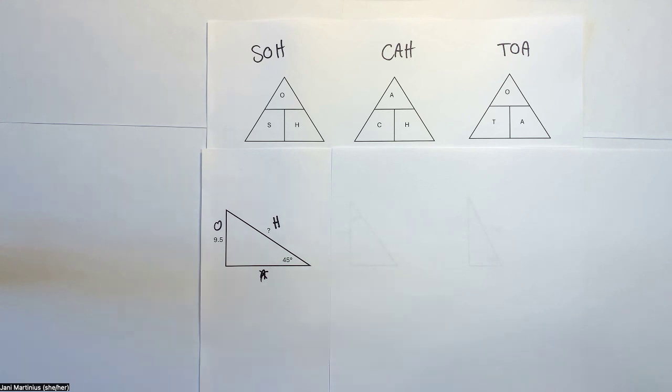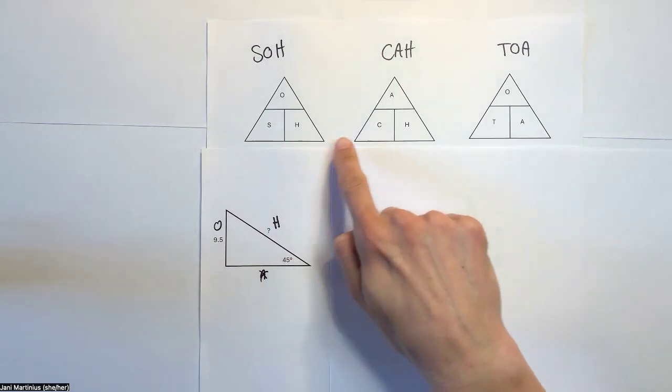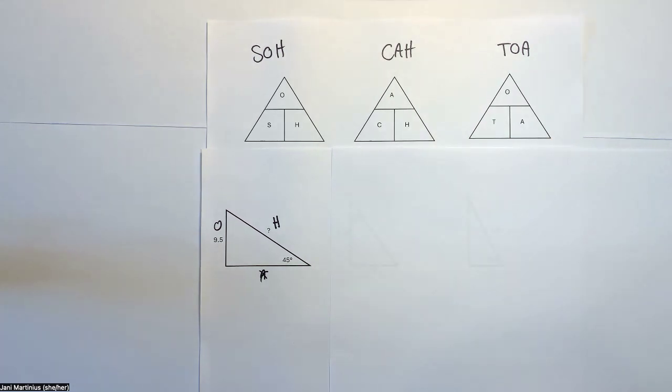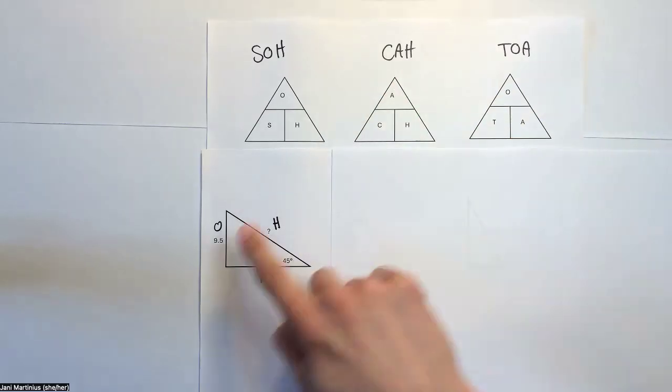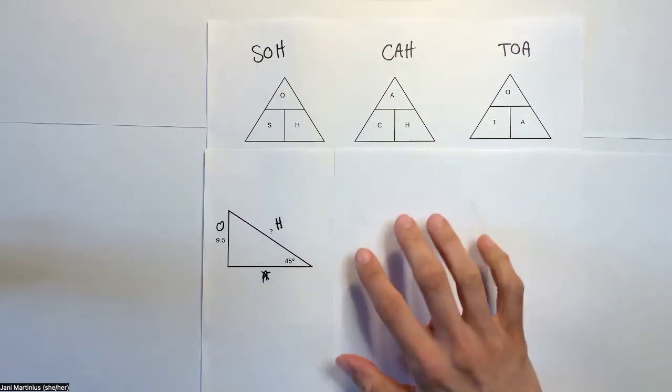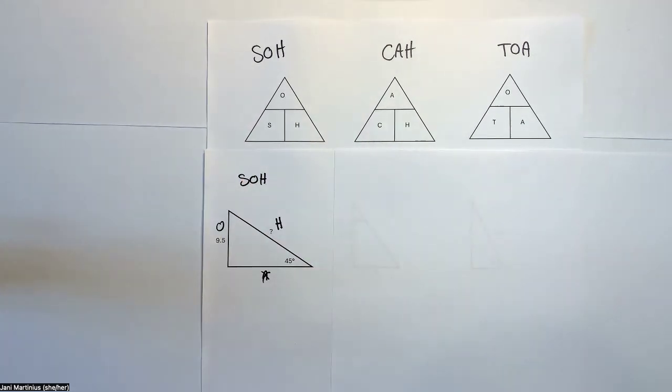Okay, we are trying to find out the hypotenuse. So what do we have here? We have an H and an O. So looking at my options, which one has an H and which one has an O? Well, H, so it must be SOH or CAH, but we have an opposite, so the O. So to me, that means we are going to use SOH, and we are looking for the hypotenuse.